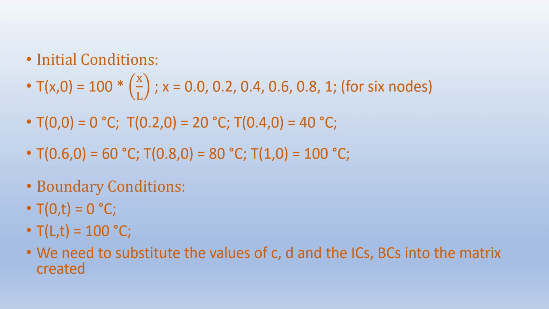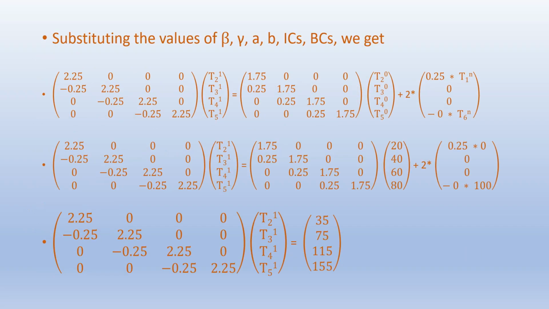Once we substitute the values of c, d, the initial conditions, boundary conditions, and other parameters such as beta, gamma, a and b into the matrix, we can get an equation of the form here.